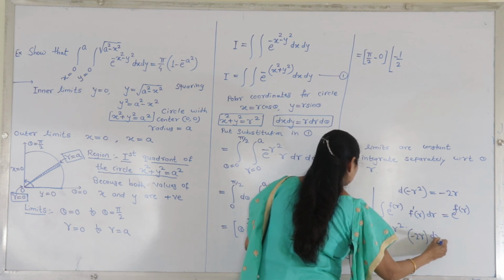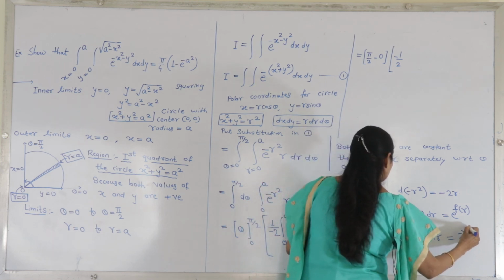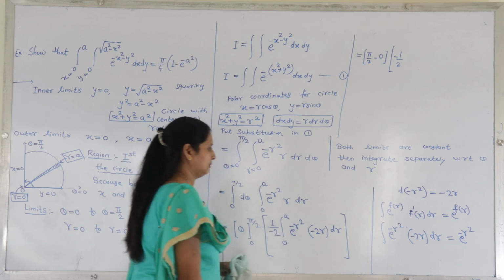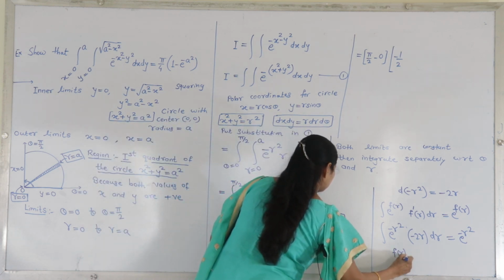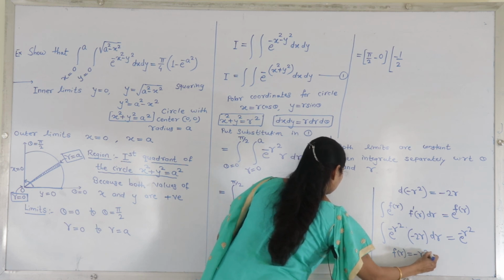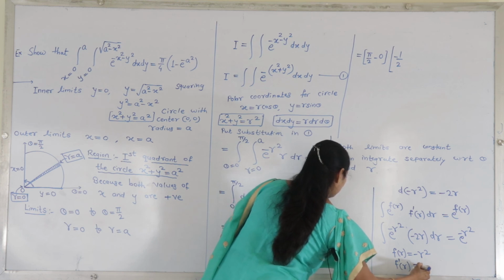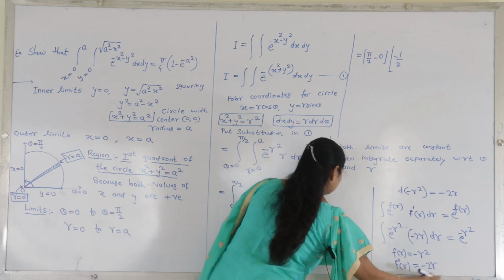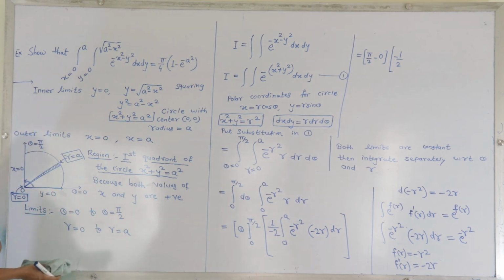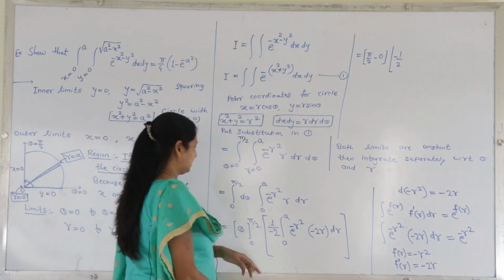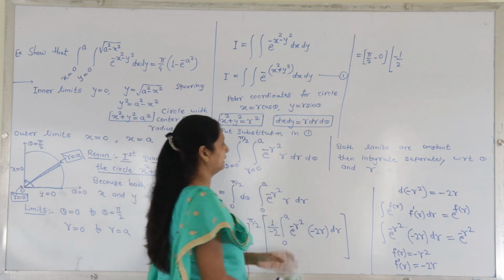Then you can write directly the integration of e raised to minus r square, f of r is minus r square and f dash r is minus 2r. Minus half, the integration of this whole term is e raised to minus r square.